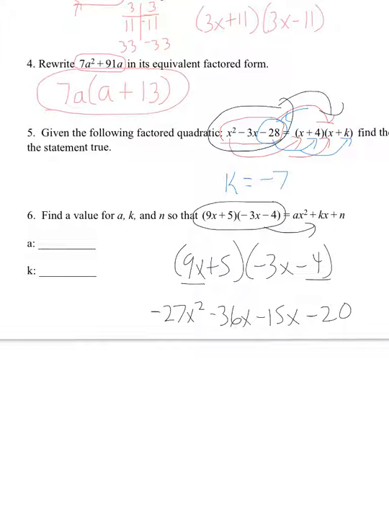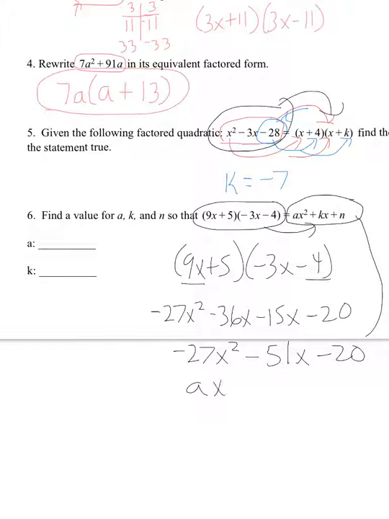So simplified, that becomes negative 27x squared minus 51x minus 20. And I look over at this and see what in this ax squared plus kx plus n, what is the a? Okay, well the a is obviously negative 27.